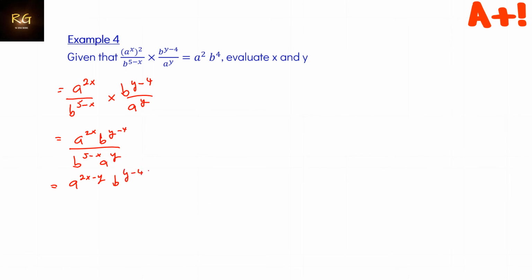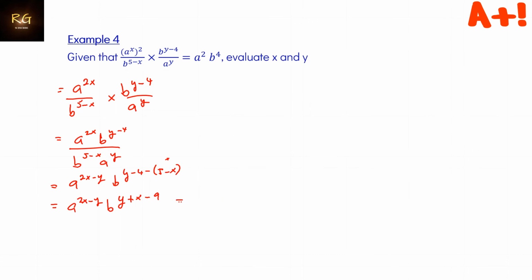So y minus 4, and don't forget when you minus, put a bracket around 5 minus x, because it's not a single number, it's like multiple terms as the power, correct? So we need to put a bracket, don't forget to do that. So it equals a to the power of 2x minus y, and b to the power of y minus 4 minus 5 minus x, and then minus minus is going to be positive, correct? So it is going to be y plus x, and then minus 4 minus 5 is going to give us minus 9. It's pretty straightforward, I believe.